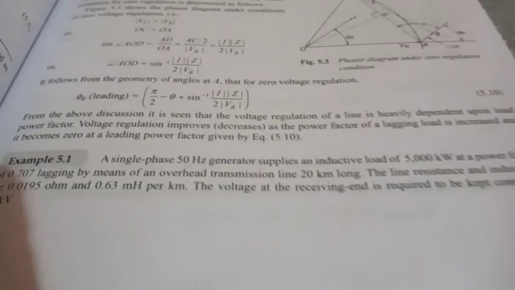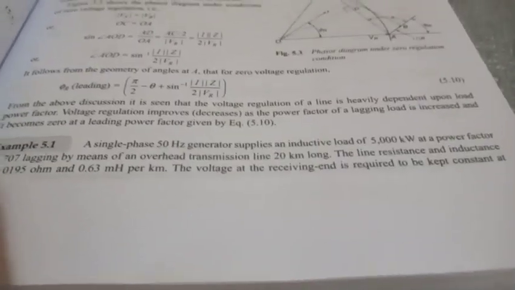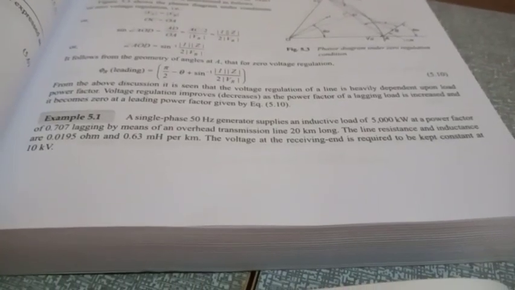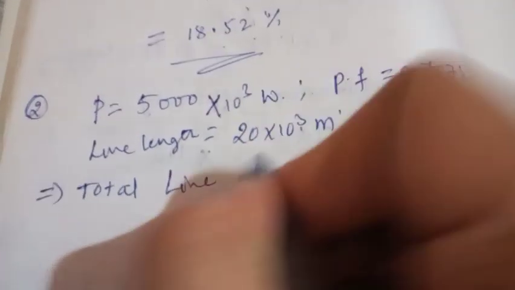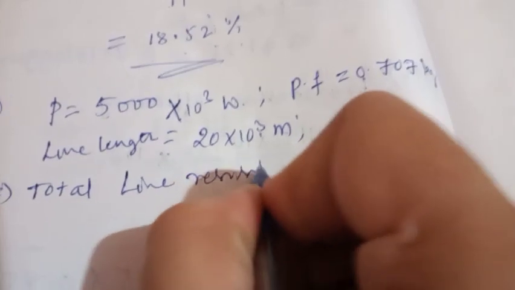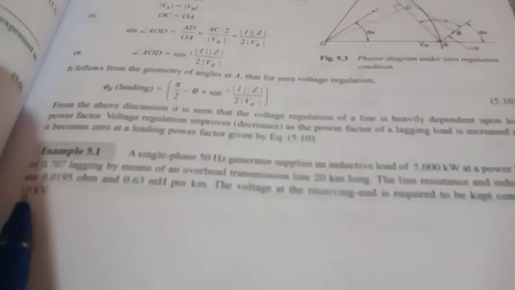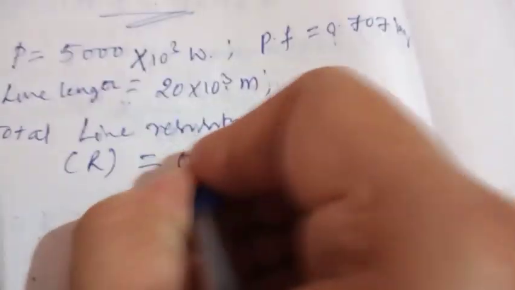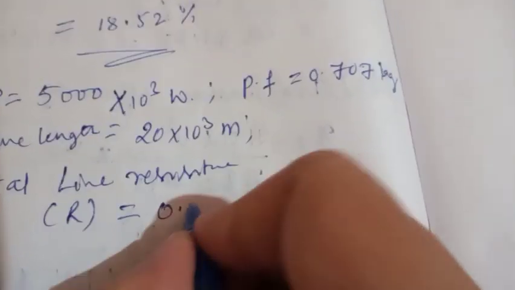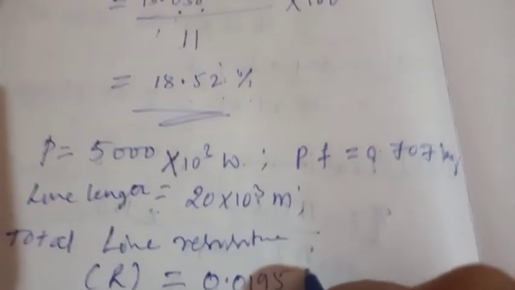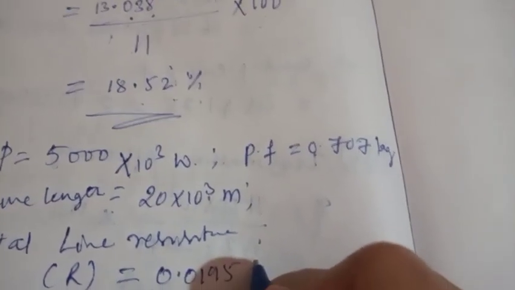The line resistance and inductance, or what is the line resistance? Now we shall calculate the total line resistance. The total line resistance R is equal to, how much they have given? The resistance is 0.0195 ohm per kilometer.